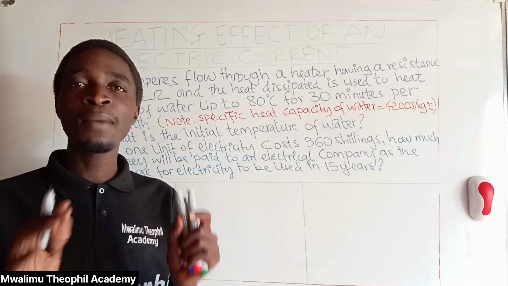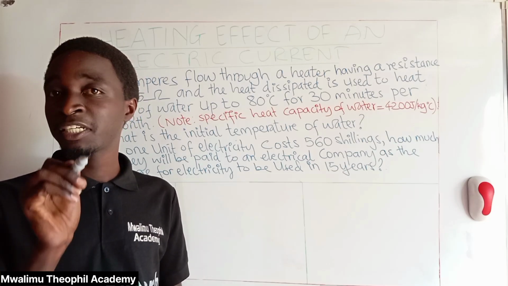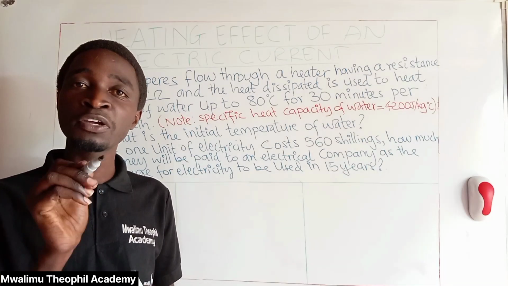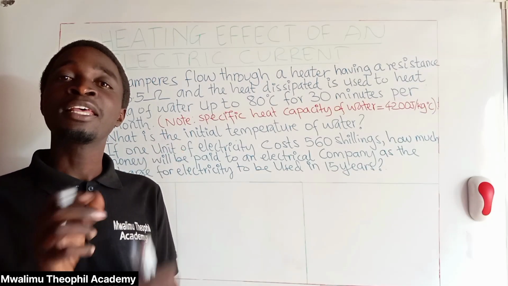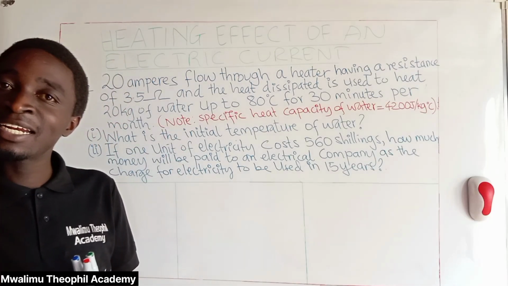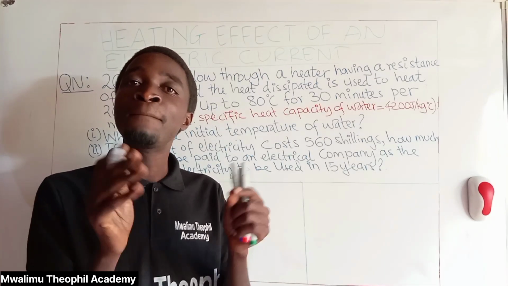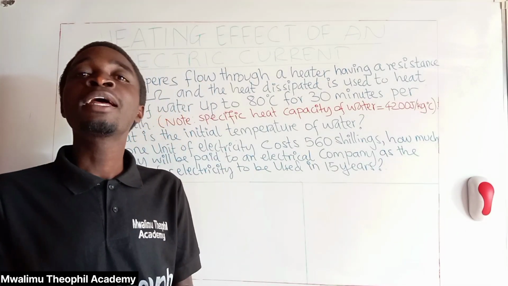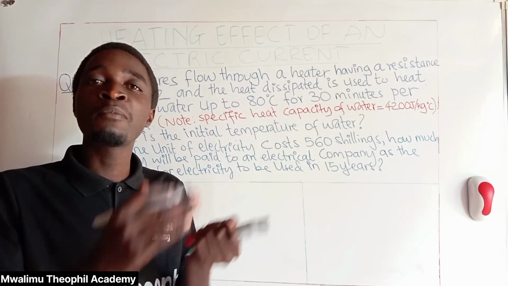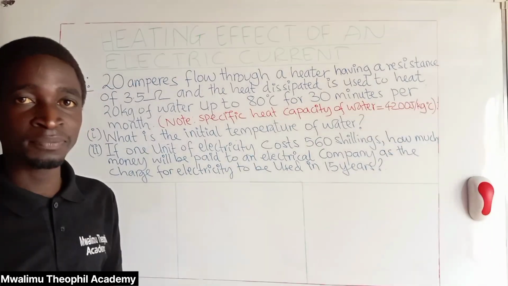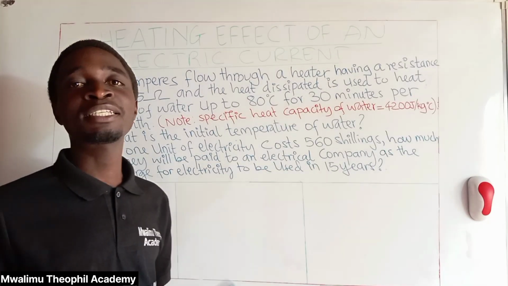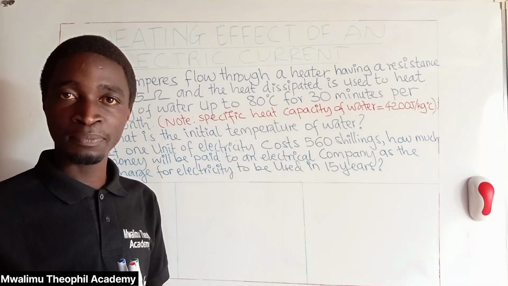You have to know that the amount of heat energy dissipated due to the electrical current flowing through a conductor, I mean a heater, is the amount of heat energy that will be gained by water, which will raise the temperature of water from a certain value up to 80 degrees Celsius. Now, what is that initial temperature of water?